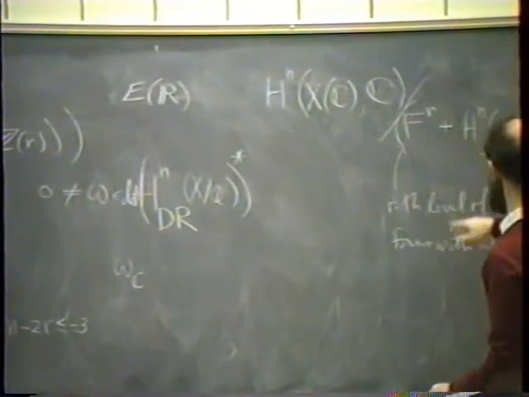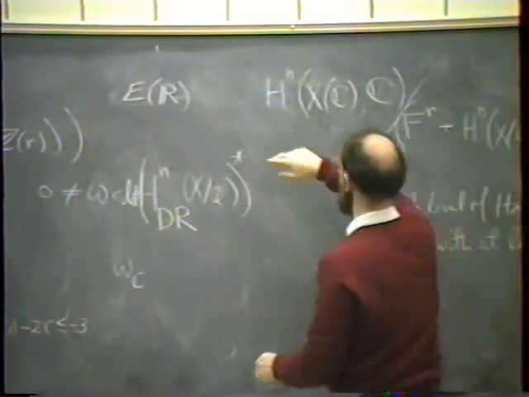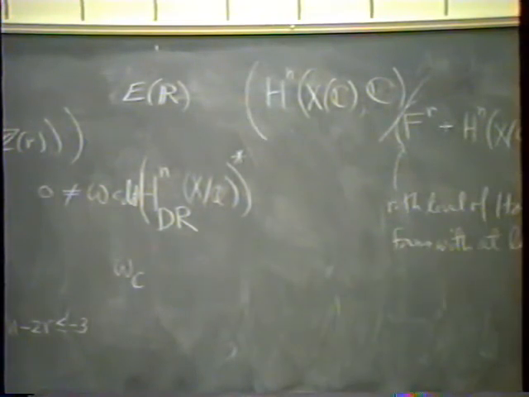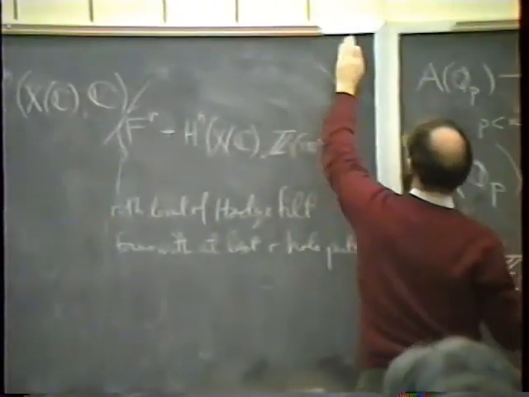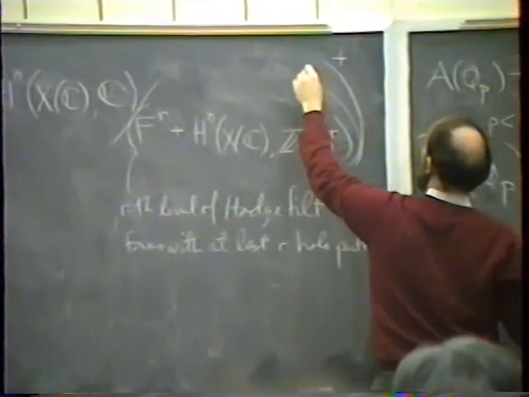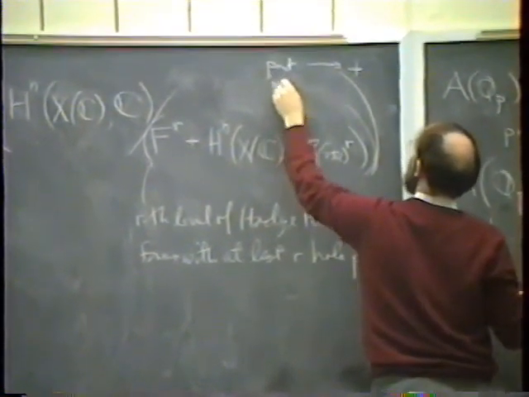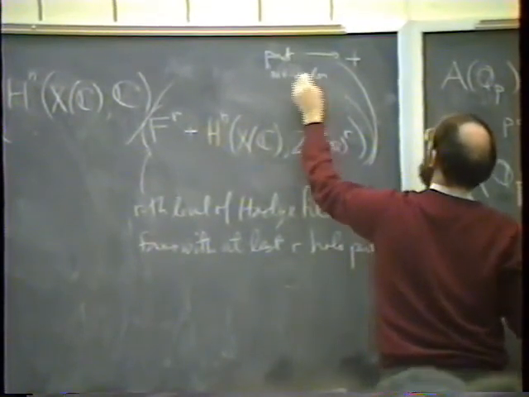Now actually I've written down this group here as E of C, so there's an action of conjugation, so I'll put a little plus here to take the part invariant under conjugation.